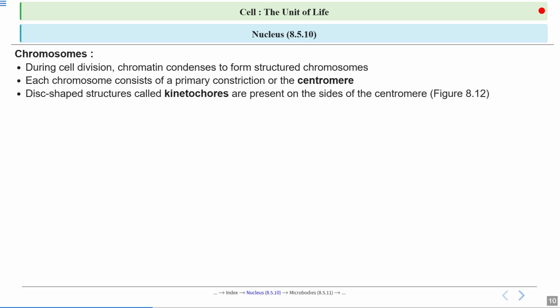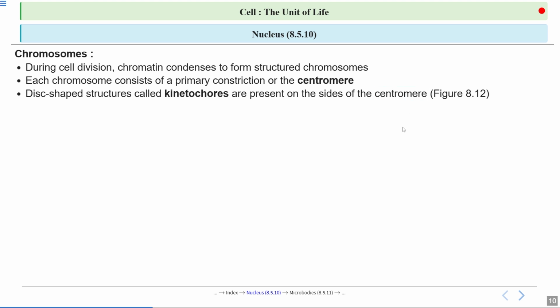Now, this centromere consists of disc-shaped structures called the kinetochores. These kinetochores are present on either side of the centromere. The spindle fibers attach to the kinetochores present within the centromere. They don't attach to the centromeres themselves. They attach to the kinetochores, which are regions present within the centromeres.